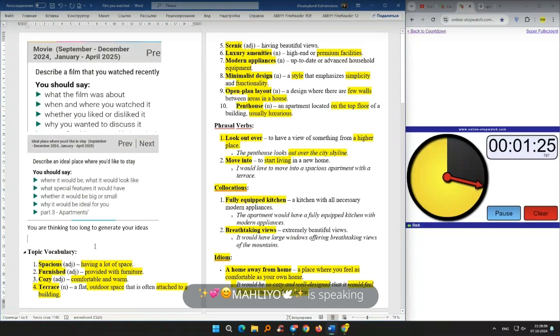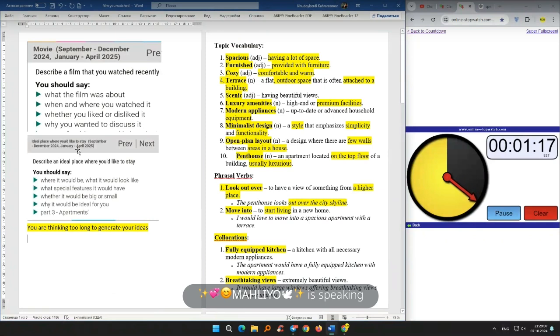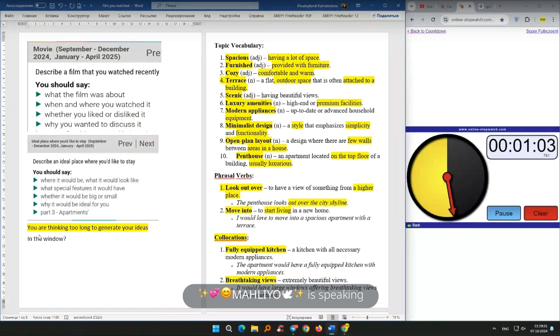In the window, they can have a look out over the gardens and forests, which can be seen in the large windows from this home.